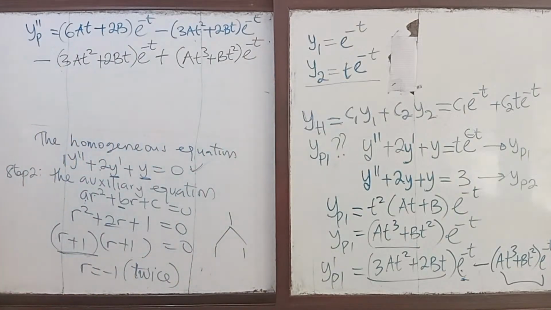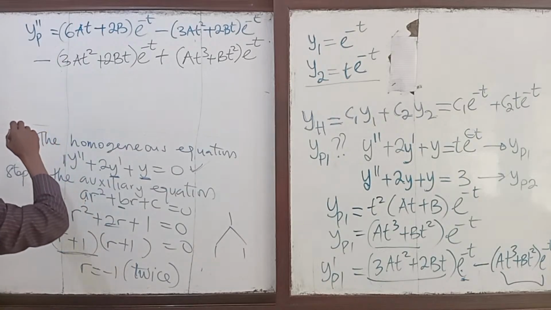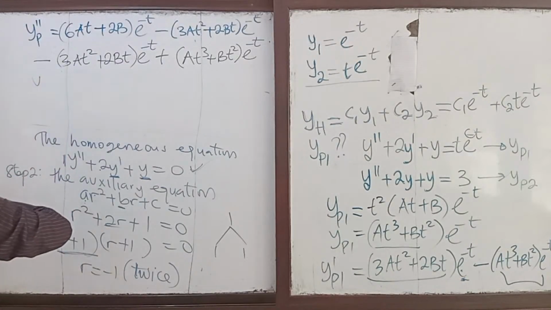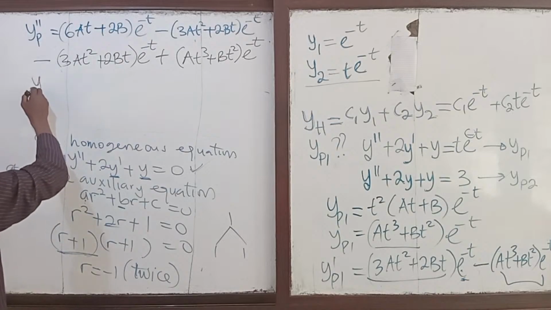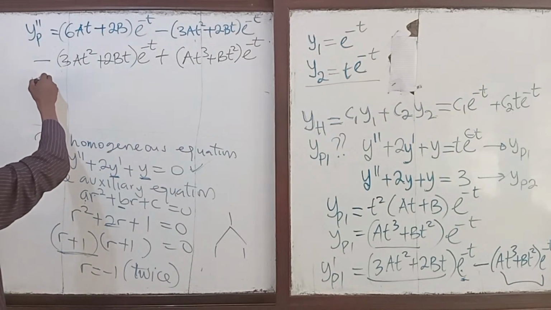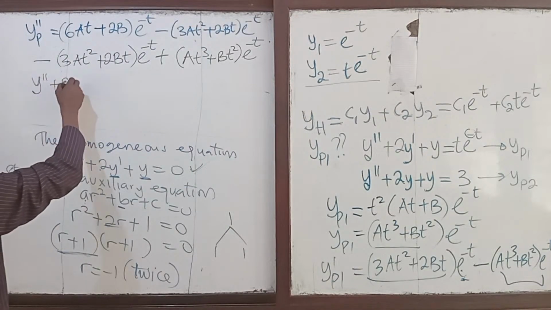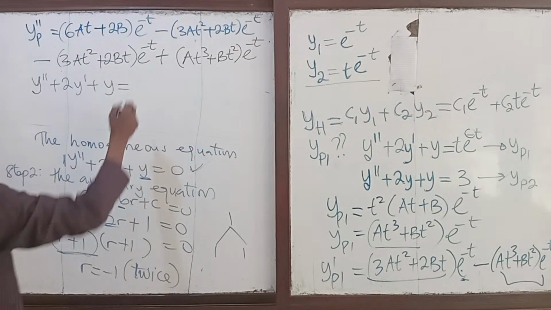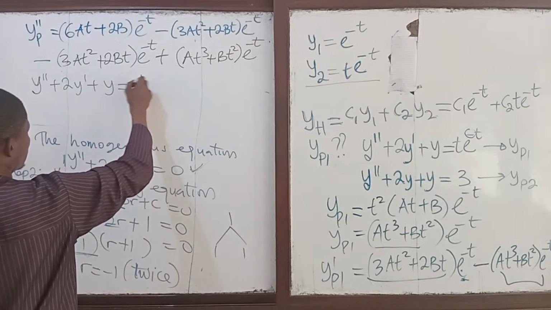Then let's go to the function and substitute. This is our differential equation: yp second differential plus 2 y prime plus y equal to t.